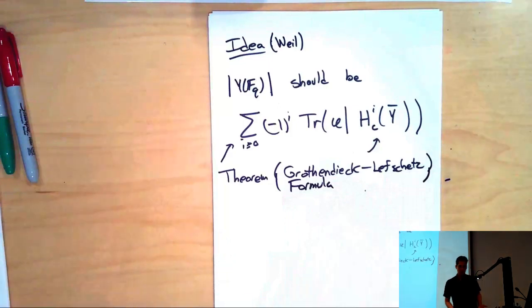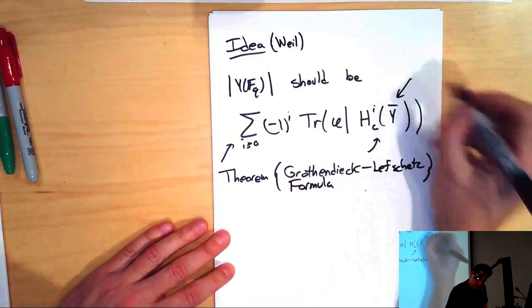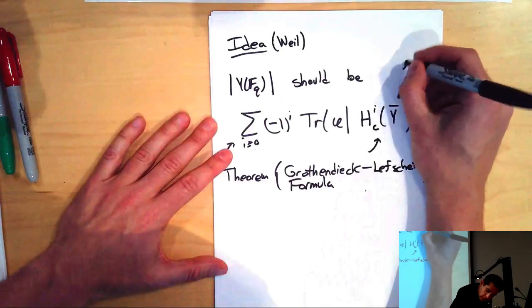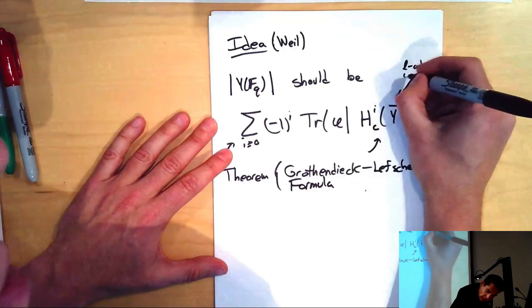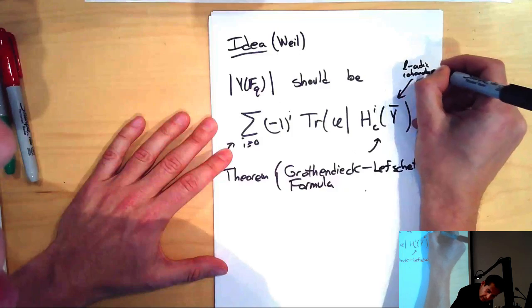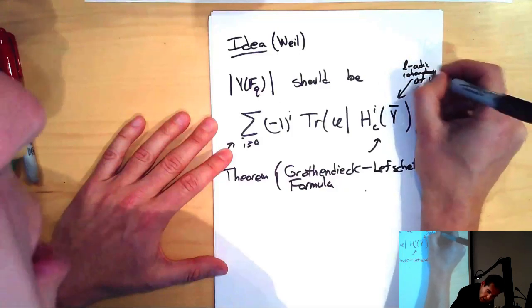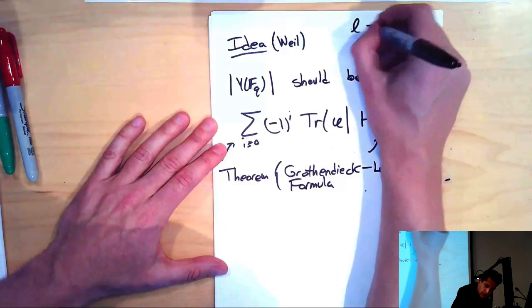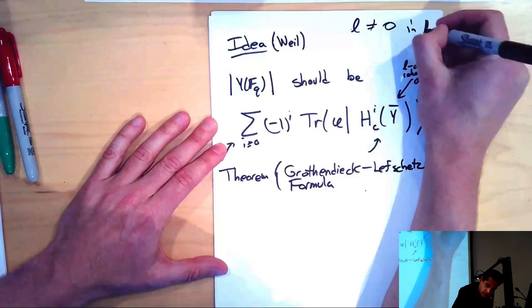And to turn it into a theorem, you have to say what you mean by these cohomology groups, and these cohomology groups are given by the l-adic cohomology of Y bar, where l is now some prime number which is not equal to the characteristic of the finite field FQ.